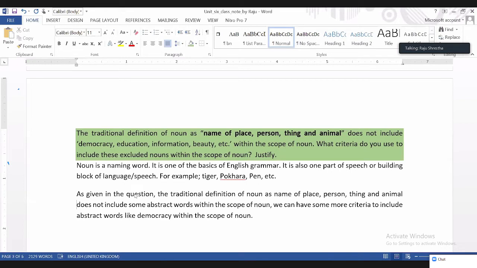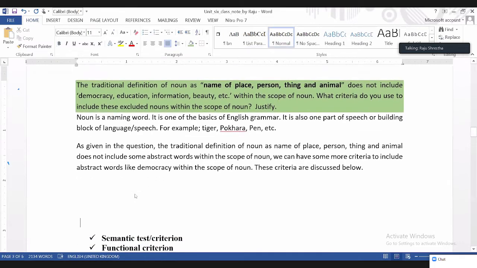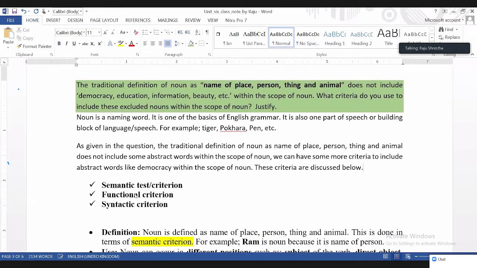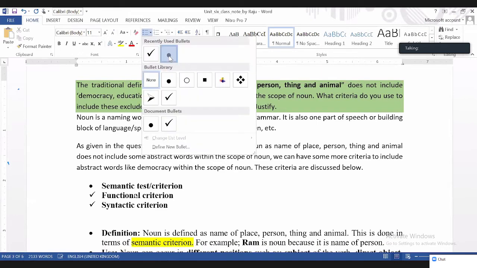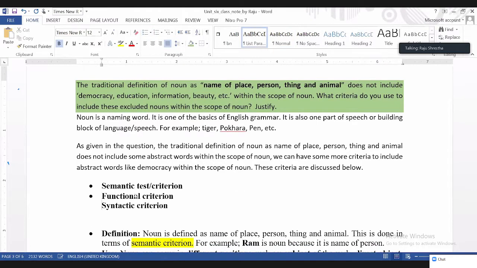We can have some more criteria to include abstract words like democracy within the scope of noun. These criteria are discussed below. So which came first? First came the syntactic criterion, or syntactic test. Then the functional or use perspective.